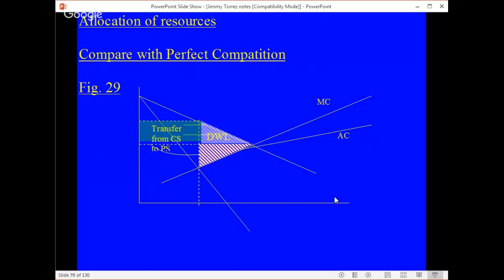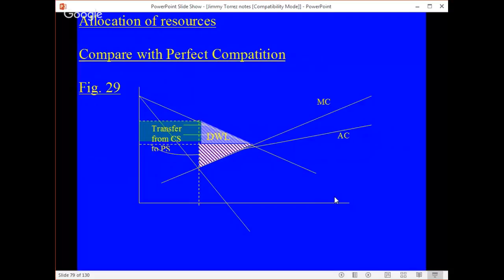What we have is this rectangle, which under perfect competition would be consumer surplus. Now under monopoly, that's transferred to the producer. Now it's producer surplus. We also have these two triangles here. This used to be producer surplus. Now it's gone. This upper triangle used to be consumer surplus.